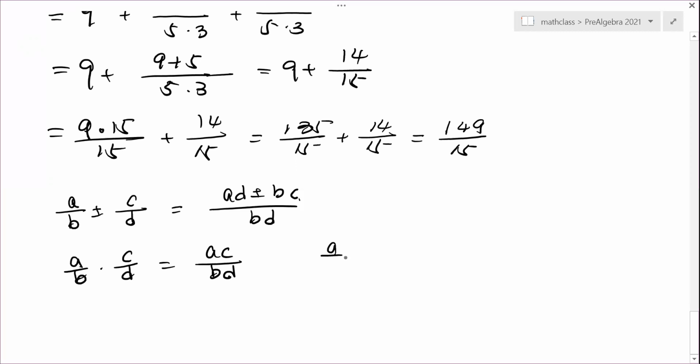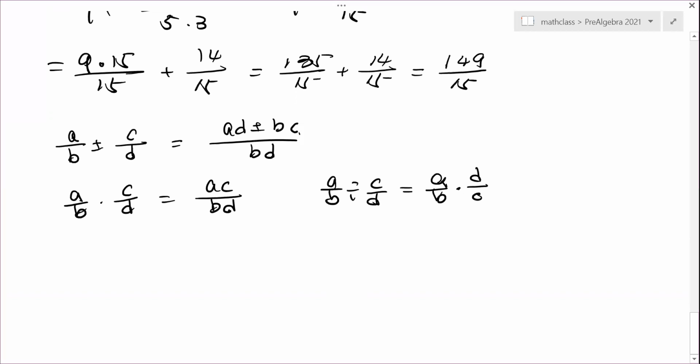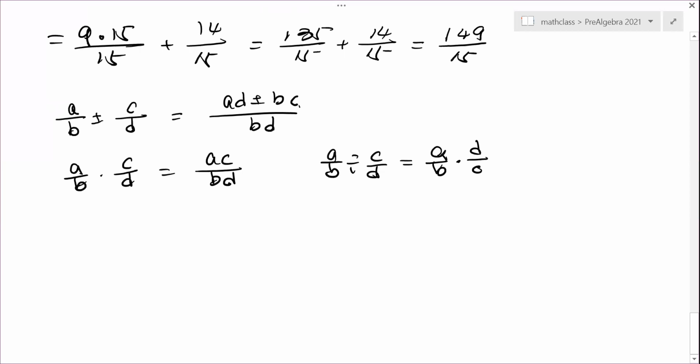Another one is A over B divided by C over D, and you have to change the division to multiplication, D over C, upside down. Those are the formulas we are using. Of course, this is also denoted by A over B divided by C over D, because we know that our notation A divided by B is just A over B.